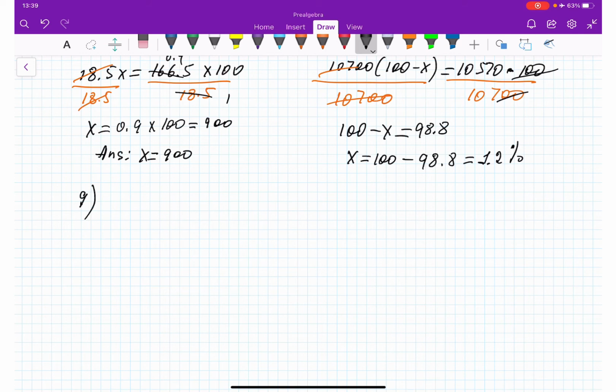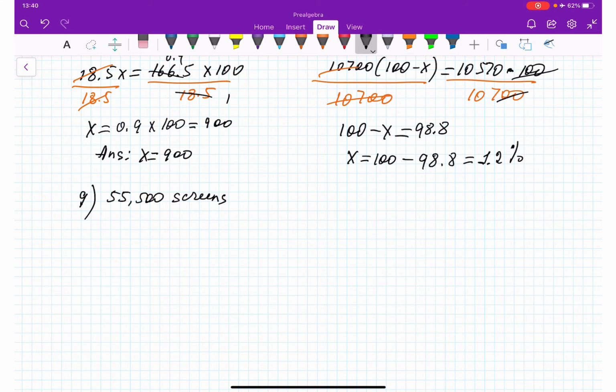Okay, let's see what we have here. In 2016, there were about 55,000 cinema screens in the country, 55,500 screens in the country.